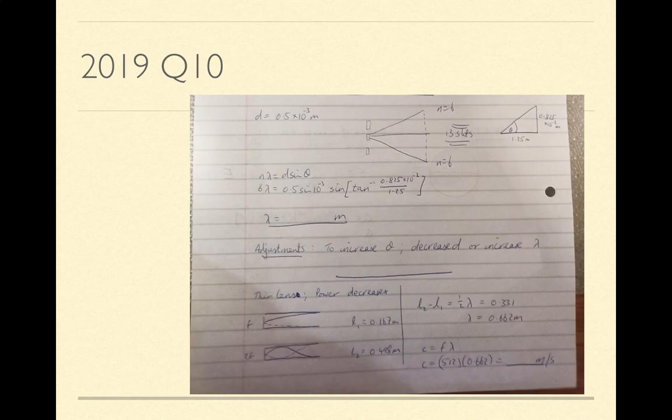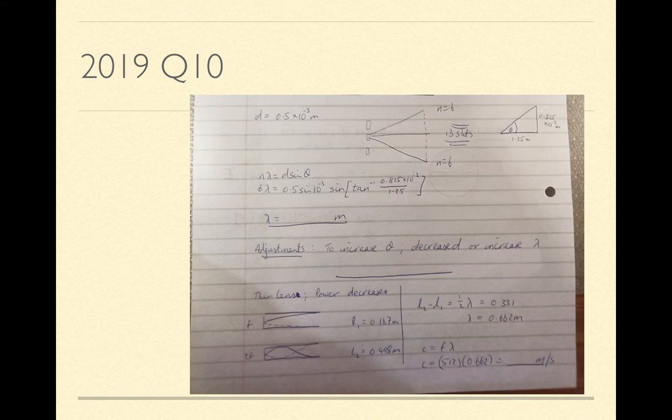So I had to half that to get the distance between the 0th order and the 6th order on top. And that's what I have on the right hand side. I've also converted it to centimeters, which is why I've got by 10 to the minus 2. So if you got the inverse tan of that, theta is equal to the inverse tan of the opposite over the adjacent. That would give the angle, and you can fill the angle into n lambda equals d sine theta. And I've done that all in the second step. You just need to work it out.